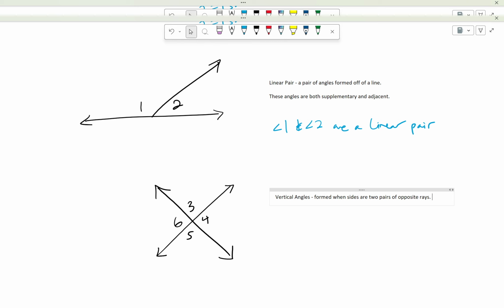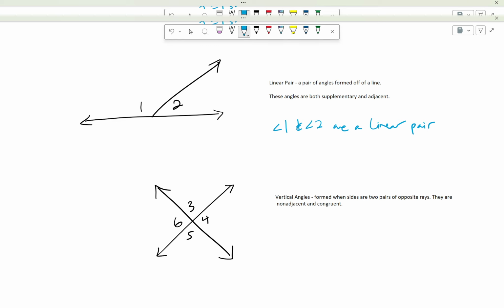They are, by definition, non-adjacent and congruent. Non-adjacent, not neighbors. Guess who? 3 and 5. These guys, these are vertical angles.